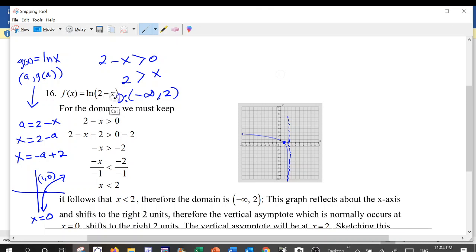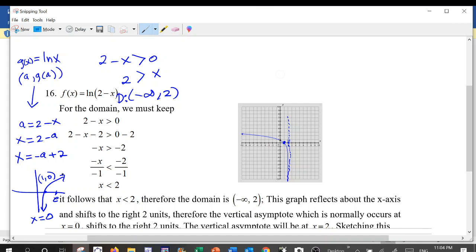What is ln of some number that can give us a nice value? Let's say ln of e. E is good. Now ln of e is going to be, I mean ln of e is going to be 1, right?